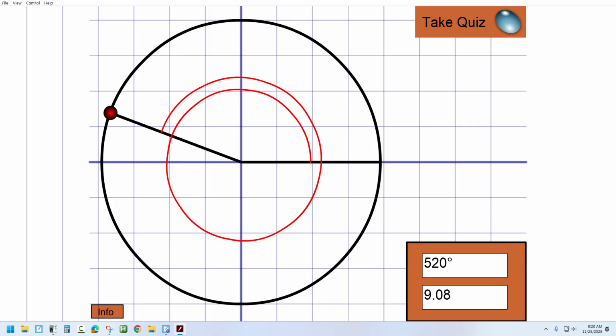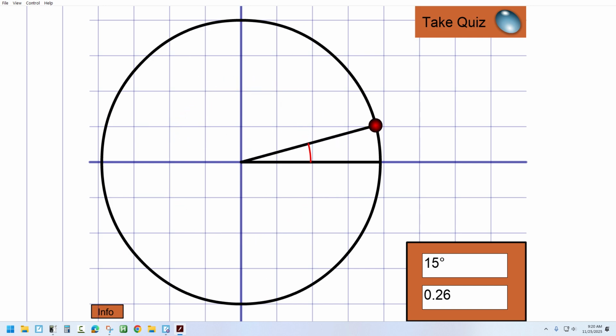And you might have noticed when I get to certain angles, there's always two numbers here. There's a top number and then a bottom number. The top number is degrees. The bottom number is, as somebody said earlier, radians. And all of a sudden, when you get to a certain angle, like 30, it changed a little bit how they wrote it. They wrote it as a fraction with pi in it.